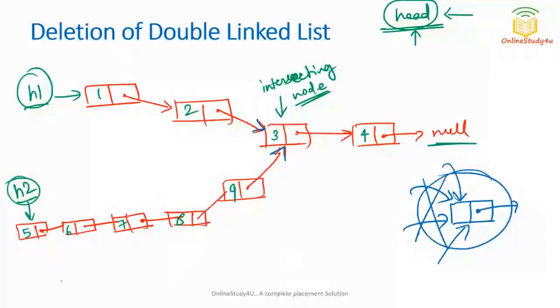Okay, so I'm explaining what we can do. Oh, I've erased the whole thing. In place of the eraser, I pressed erase all. Let me draw it. So this is one node, this is one node, this is one node, and in another list we have some nodes, and suppose this list is intersecting with the second list.